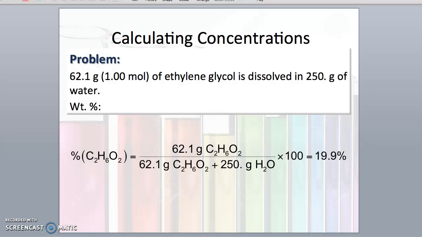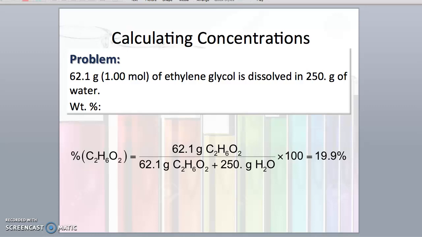Lastly, we're going to do a weight percent. So weight, just like the name implies, we're going to use the masses, grams, and so we're going to do grams of the solute over total grams of solution, and because it's a percent, we'll multiply by 100. So we've got the 62.1 grams in the numerator, the sum of both the solute and the solvent in the denominator, multiplied by 100, and we get 19.9%.